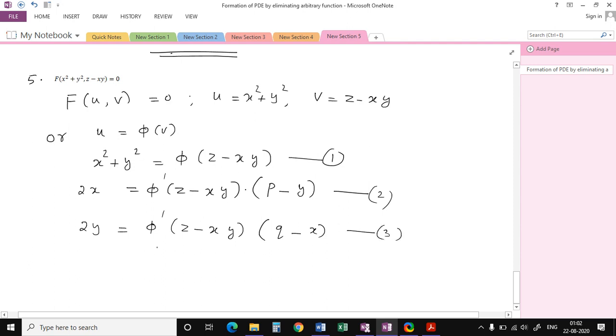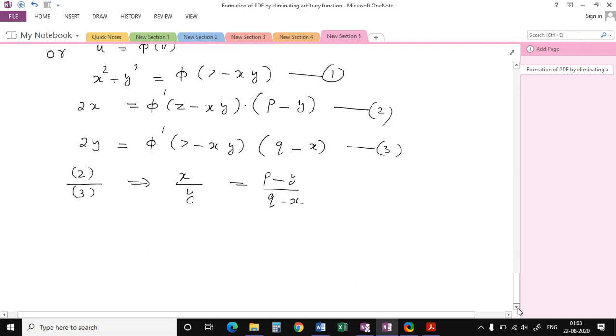Now observing easily we can see that if you divide equation number 2 by 3, you can eliminate the arbitrary functions. So now equation 2 by 3 gives 2x by 2y, on the left hand side we can cancel the constant 2, so that you will get x by y equal to p minus y by q minus x. Actually this represents the required partial differential equation.